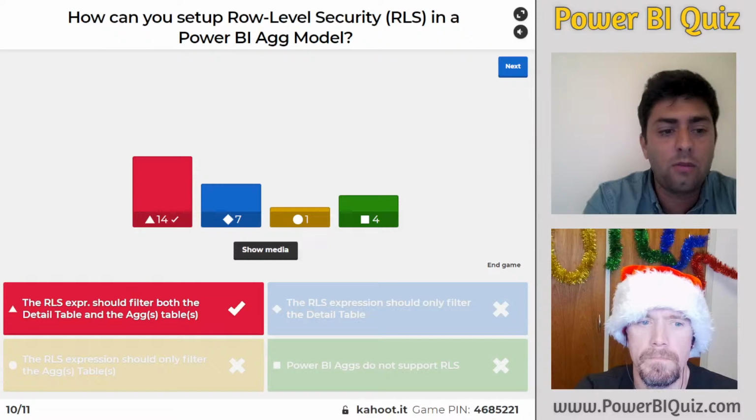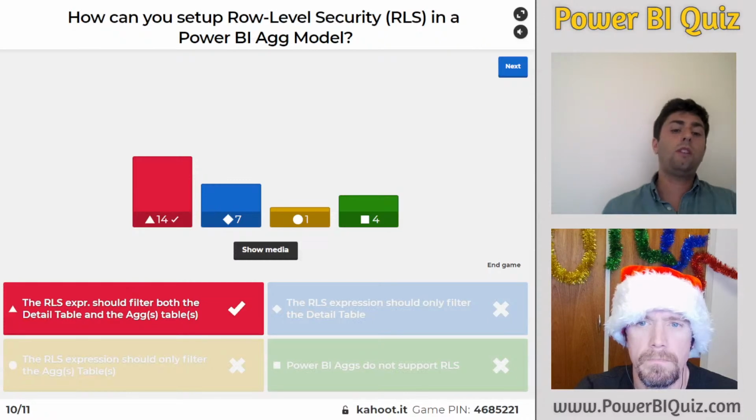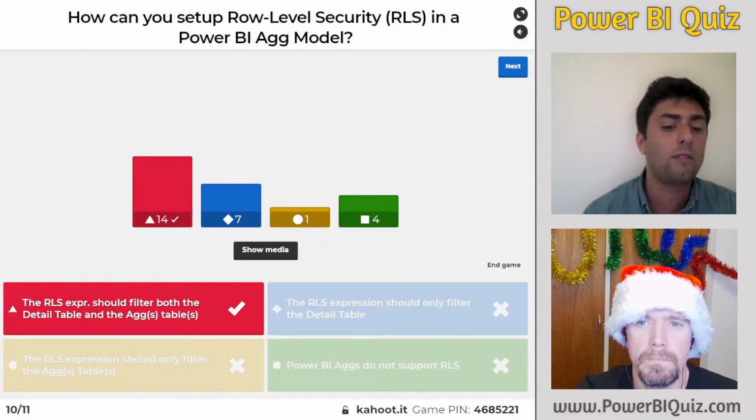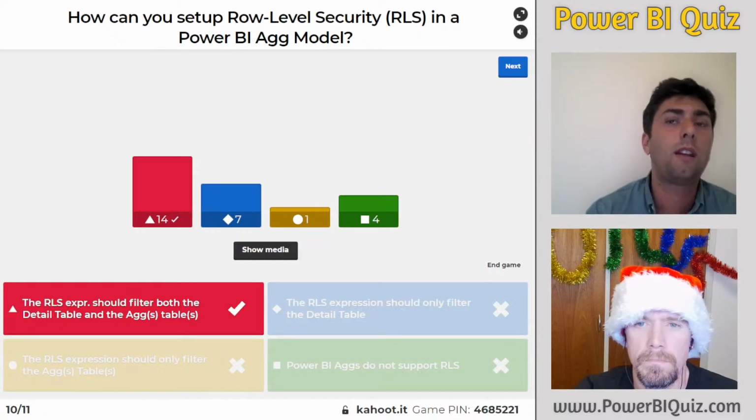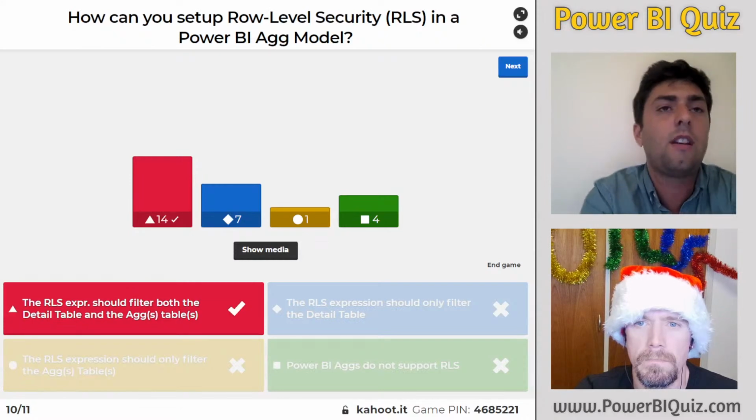The row level security expression should filter both the detailed table and the aggregated tables. If you don't do this, for example, if you put an expression which only filters either the detailed table or the aggregated tables, Microsoft will not let you do this.